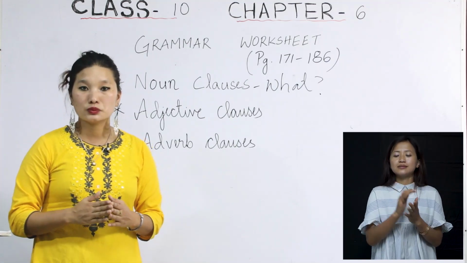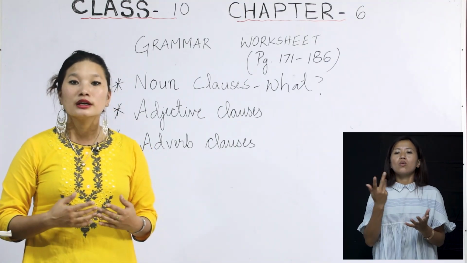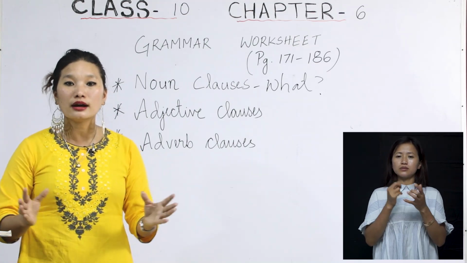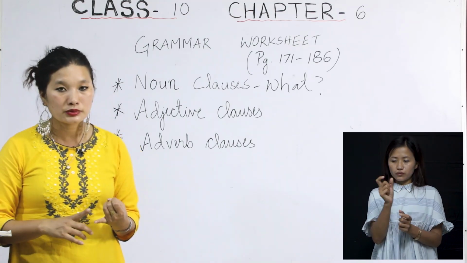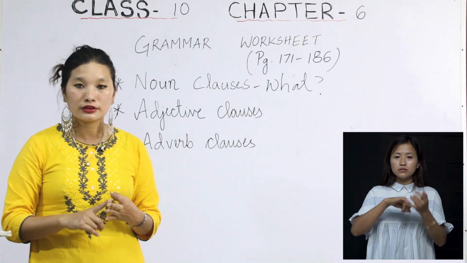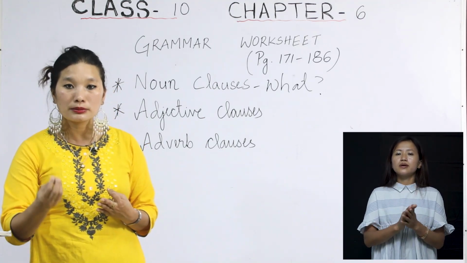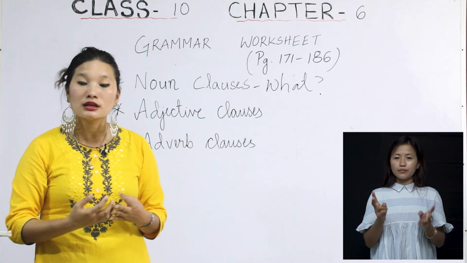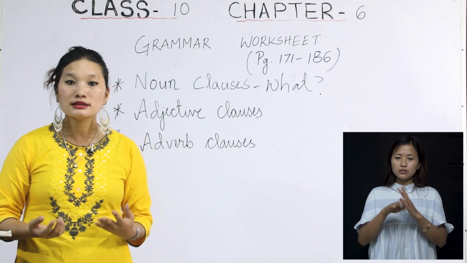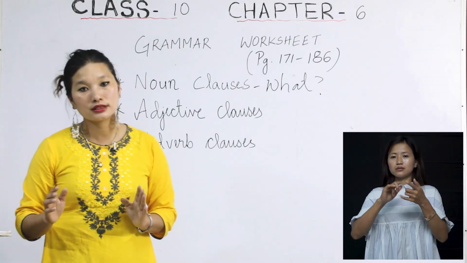But here, as we have learned what a clause is, we will see that there is a group of words which has a subject, a predicate, and a verb, but it still is a clause. That means it still depends on something, that means the first part of the sentence, to make it into a complete sense, and that is why it is called an adjective clause.